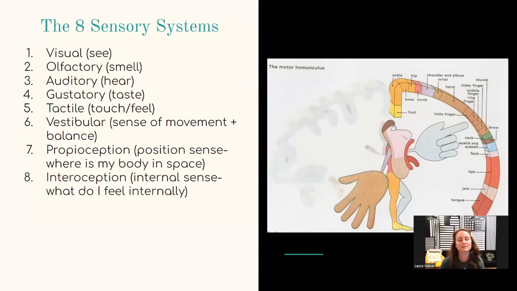Vestibular is our sense of movement and balance in space. So it's how we move through space, how we're able to maintain our balance. It contributes a lot to that midline crossing and also hand dominance that we talk about so much in those later years, and that can really contribute to reading and writing difficulties. And then proprioception too.